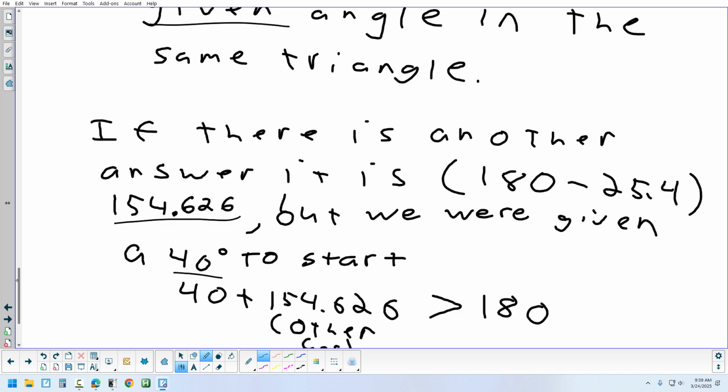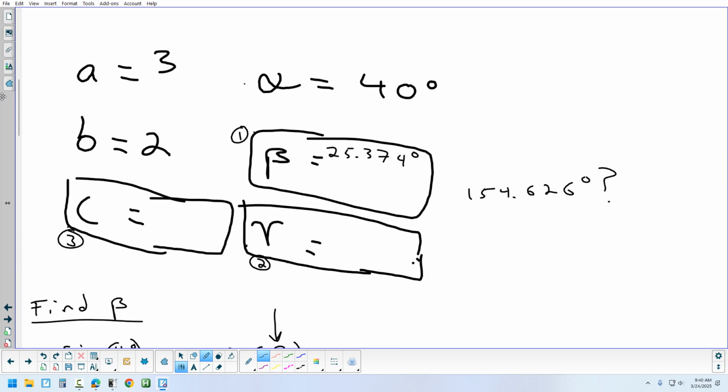So is there any question on how we got the 154 or how we determined it doesn't work? Okay. So now, because it doesn't work, we can finish this problem just like a regular problem. That was the only thing that was special to this one, and it didn't even apply because it didn't work.